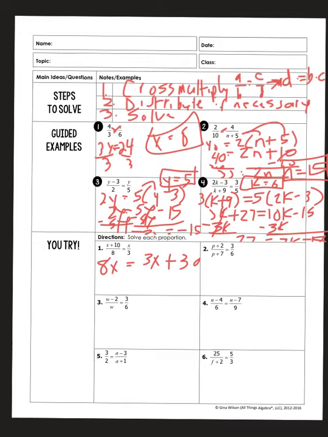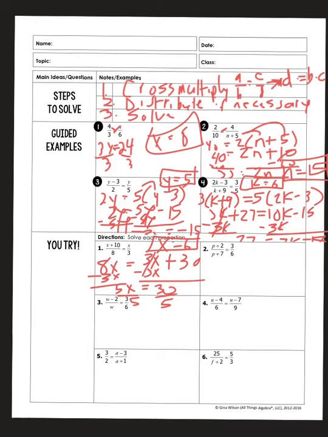It's not a bad idea. I am just trying to utilize the space that I'm given. Subtract 3x from both sides. That's 5x equals 30. Divide by 5. X equals 6.